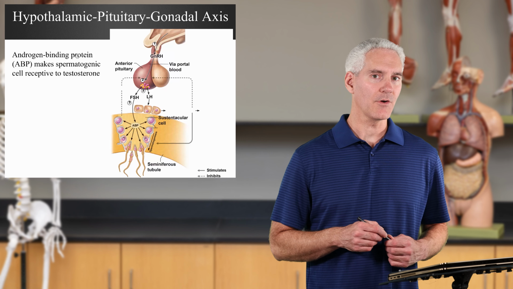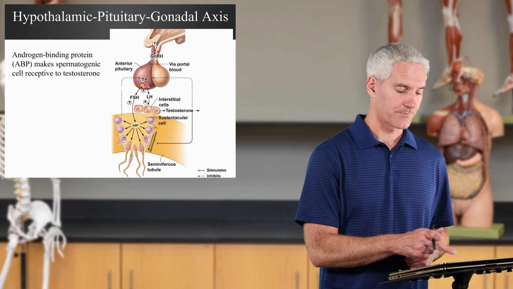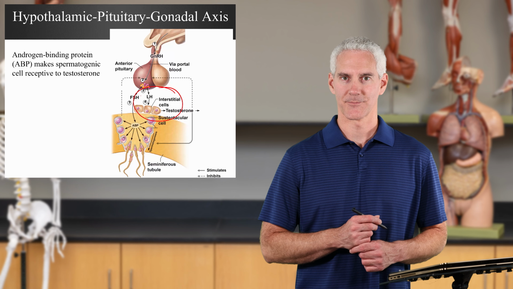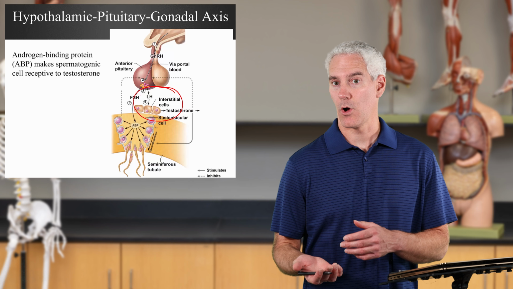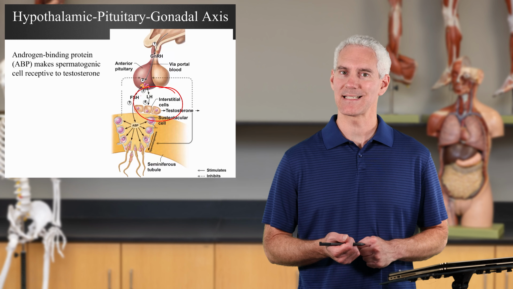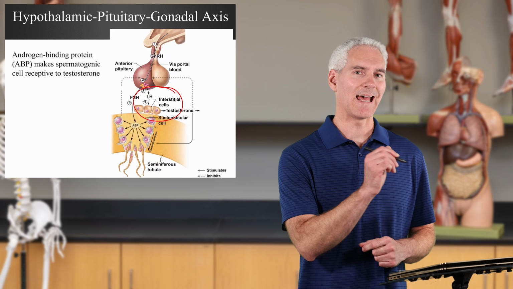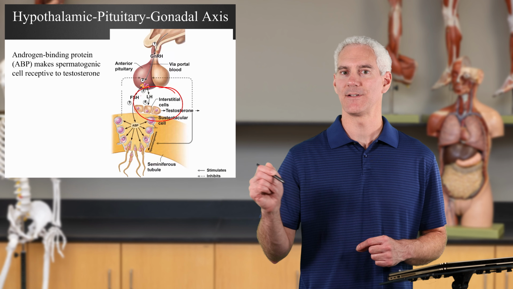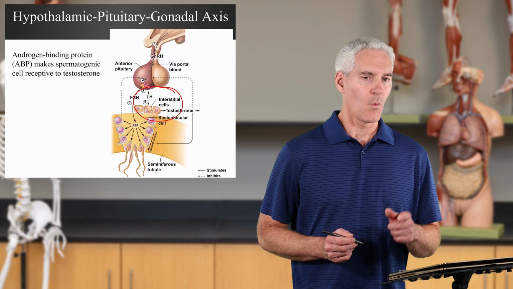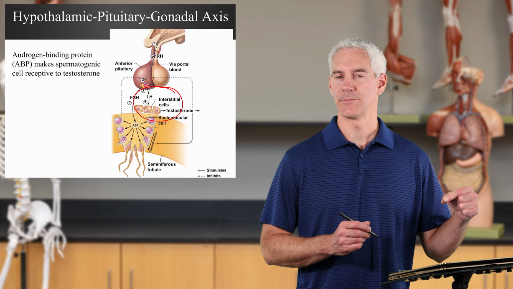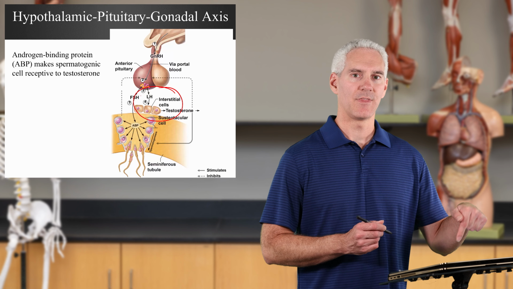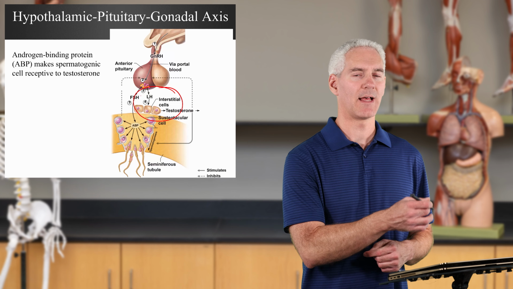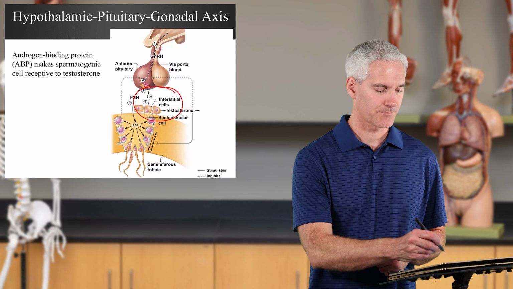The other hormone, LH, is going to stimulate the interstitial cells. Interstitial cells, hopefully you remember, are what produce testosterone. So LH, luteinizing hormone, is stimulating the production of testosterone, while FSH, follicle stimulating hormone, made the cells receptive to testosterone. They triggered that androgen binding protein.